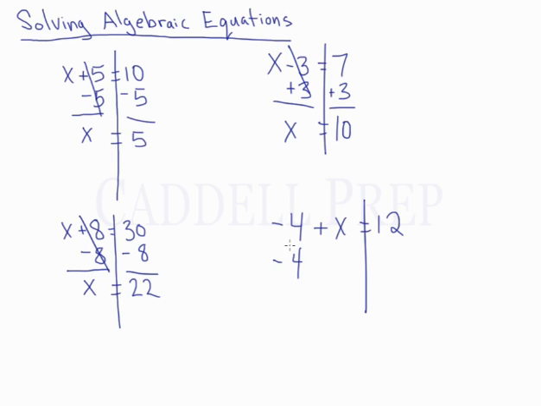But think, that's not going to cancel this out. Negative 4 minus 4 is negative 8. We want to get rid of this term. So what we should do instead is add 4 to both sides. Now that's gone. And we have x on the left side, and 12 plus 4 is 16. So x equals 16.